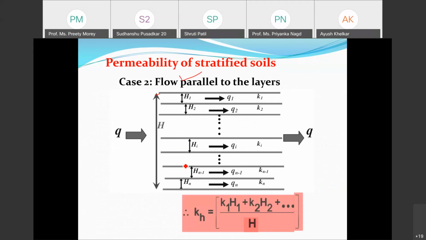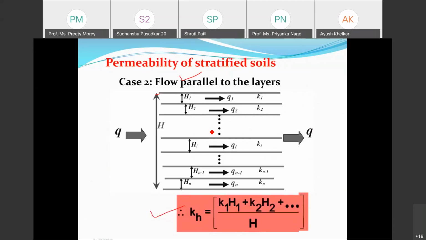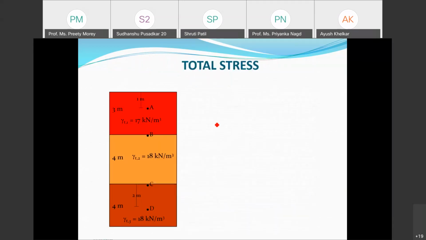Hence, when I put this equation, the average permeability when the flow is parallel to the layers is Kh equal to K1 H1 plus K2 H2 and so on, depending upon the number of layers, divided by the total thickness. If you remember these two equations, you will easily be able to get the average permeability of layered soils.